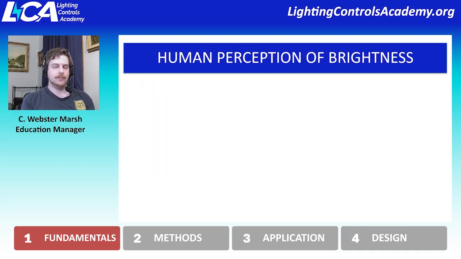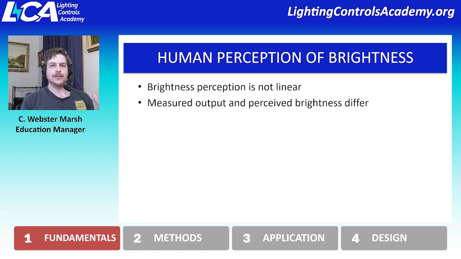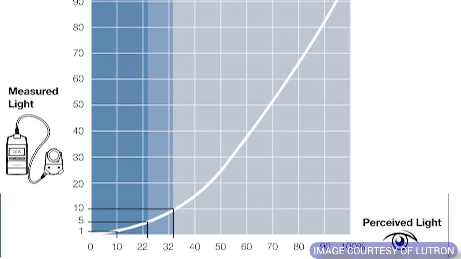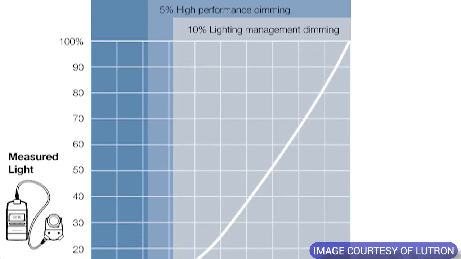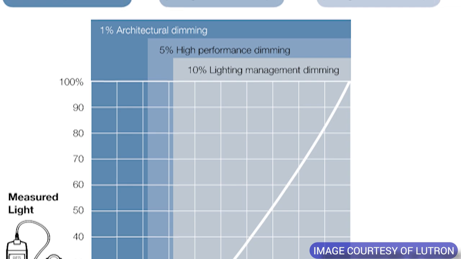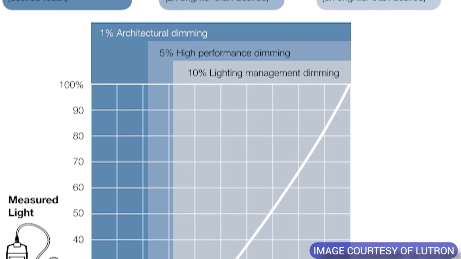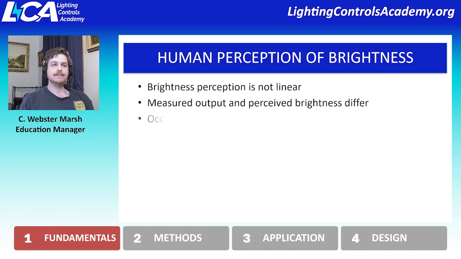So talking a little bit about what I mentioned before with human perception of brightness, the way we perceive brightness is not in a linear format. As output increases, our perception of brightness is decreased. It's logarithmic, which means over time we'll actually notice less and less difference.